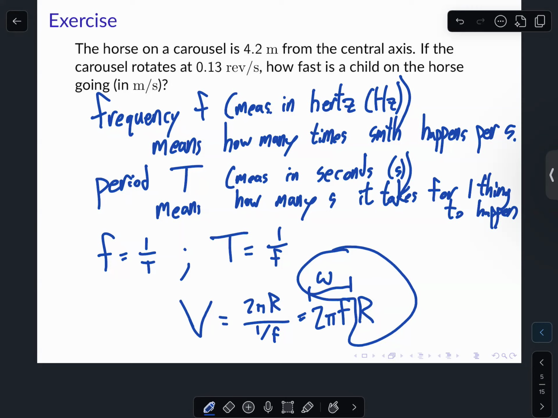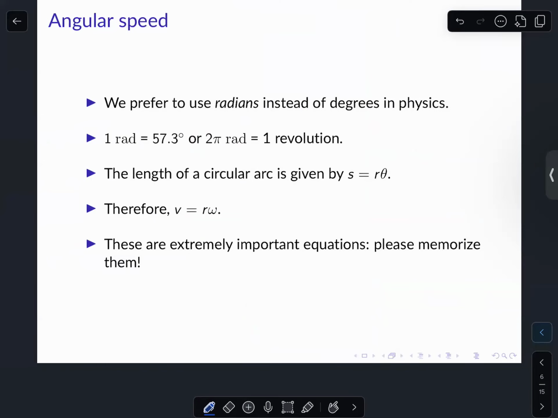One more slide on this topic. I alluded to radians several times. Let's take a second to talk about this. Degrees, turns, rotations, revolutions, percent of cycles, these are all reasonable ways to talk about angle, but they're not the convention.